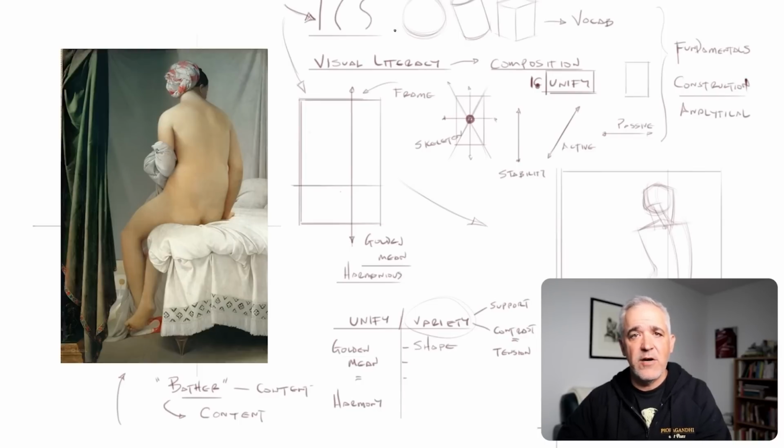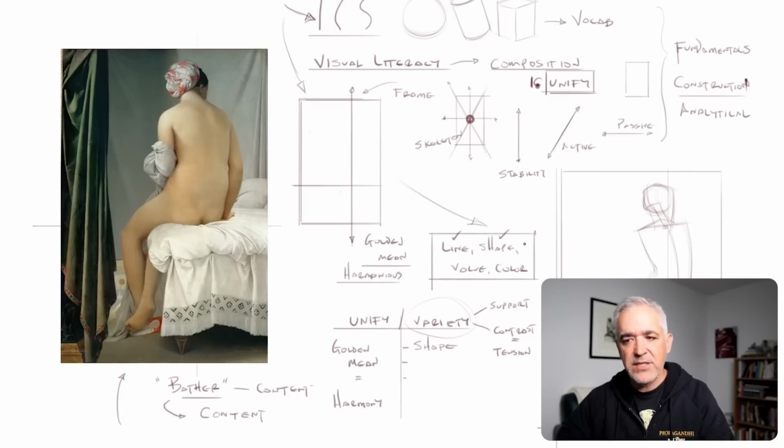Our components of storytelling, our components of artistic vocabulary, are the six above: straight, C, S, sphere, cylinder, box. But also I have line, shape, value, and color. So our larger field of visual literacy would be all of these things. I'm just focusing on line and shape for this video, but I think you could clearly make the jump into value and color on your own.